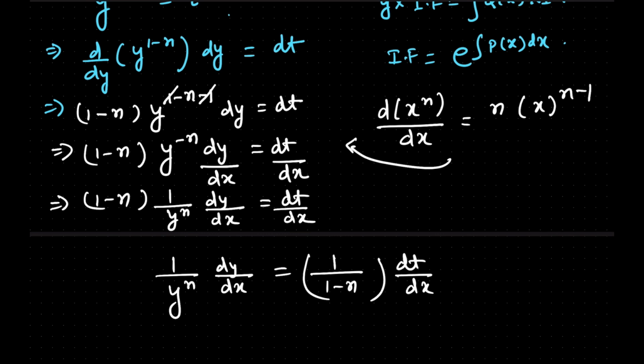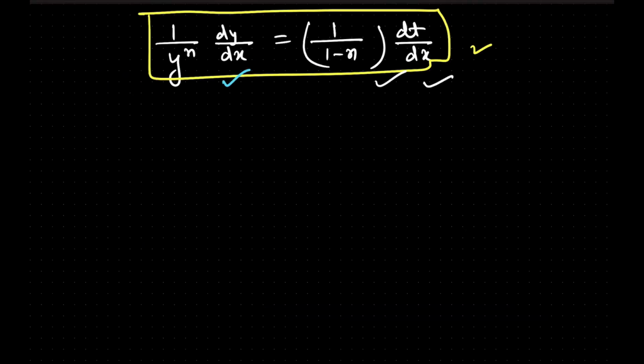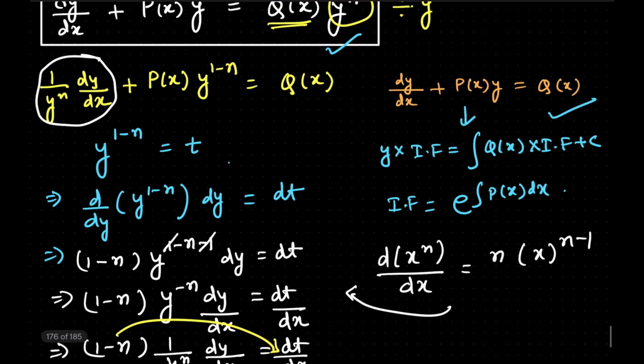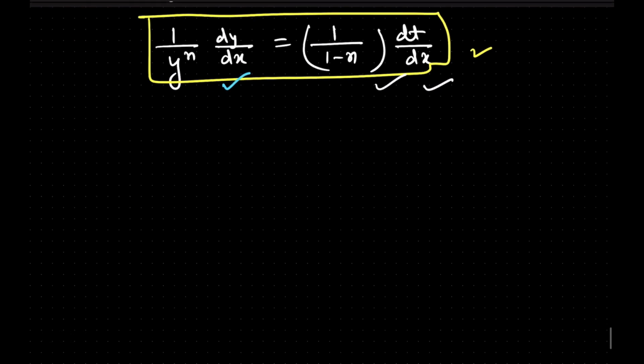So we have actually brought this term to the right hand side. Now we will substitute this term in our equation. Here in place of 1 by y to the power of n dy by dx, you can write 1 by 1 minus n dt by dx.